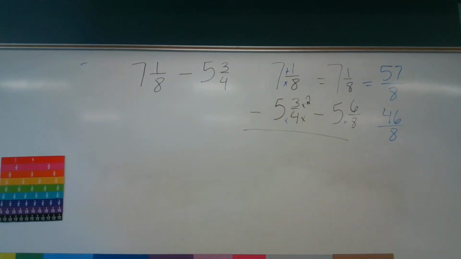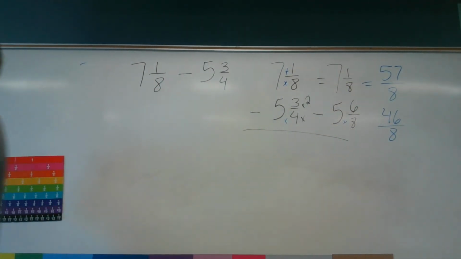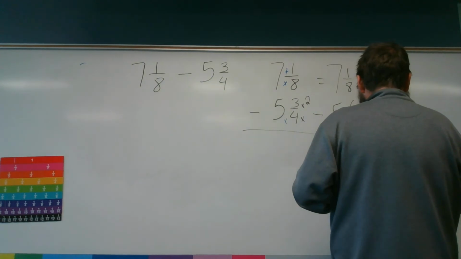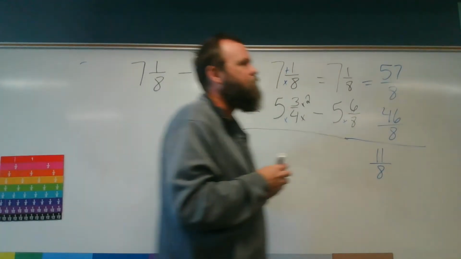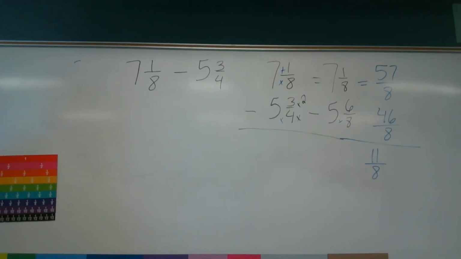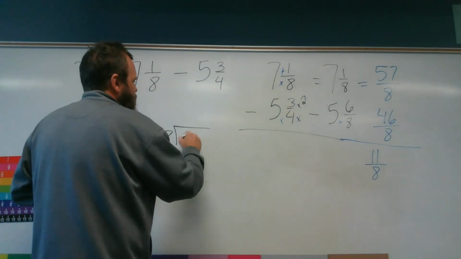Now, can I subtract those fractions? Yes. So 57 minus 46 is 11/8. So I have the fraction 11/8, which is what kind of fraction? Improper fraction. So I can divide 8 into 11.